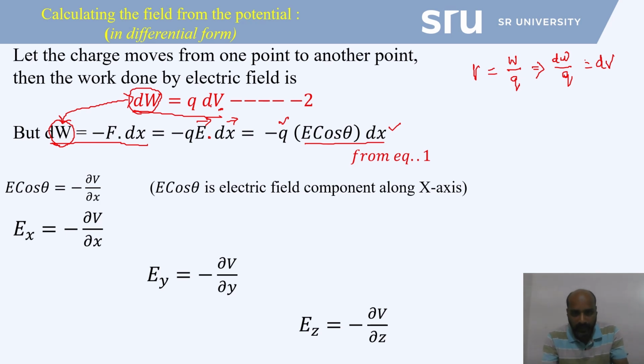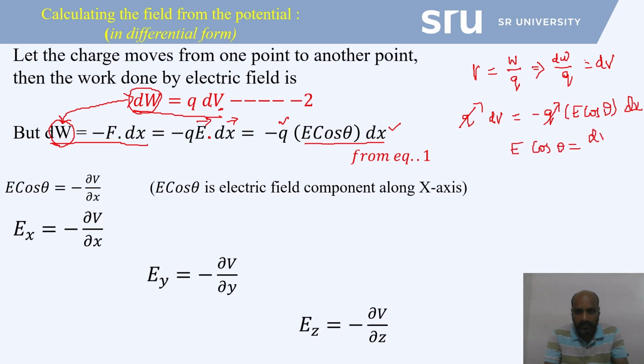So if you compare or equate both equations, see here Q dV is equal to minus Q E cos theta dx. On both sides, Q will be cancelled, right? So E cos theta is equal to minus dV by dx, and here it is minus dou V by dou x.